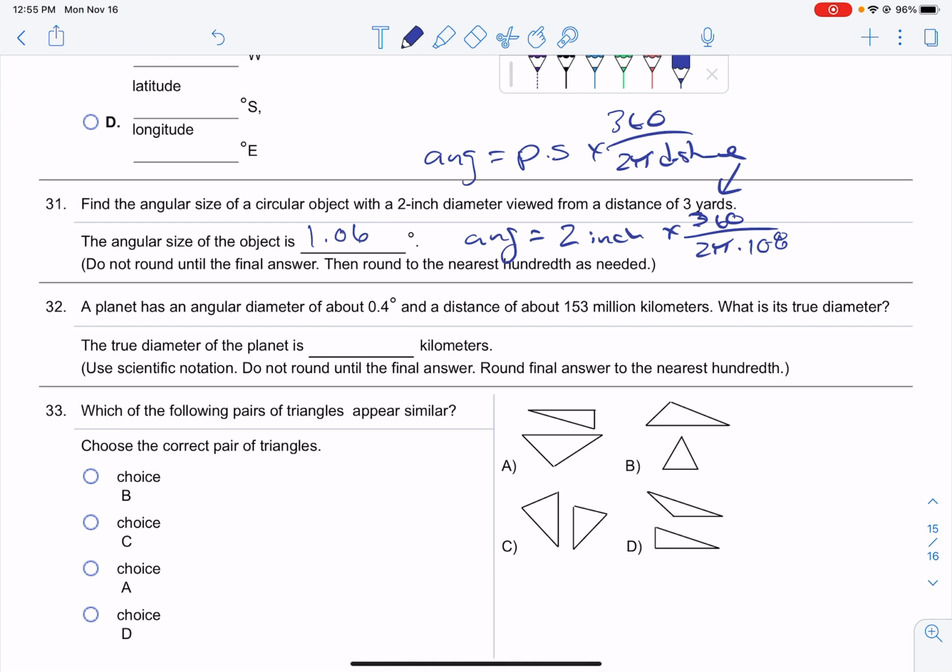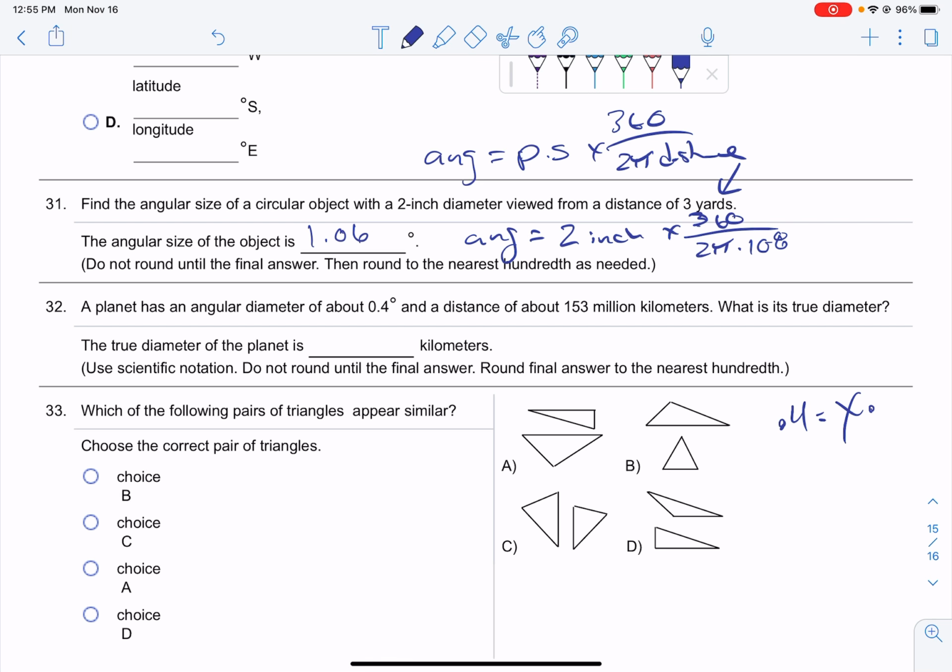A planet has a diameter of 0.4 degrees and a distance of 153 million kilometers. So we're going to use the same formula, but this time we're looking for the size of the actual object. Right now 0.4 is our angular measurement. We're looking for the size, that's our x.